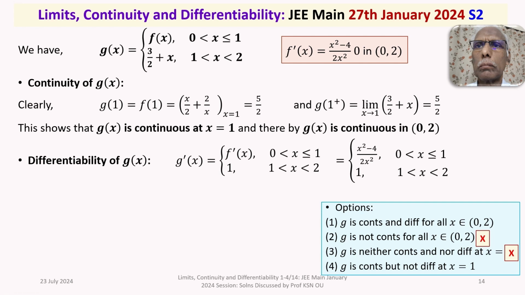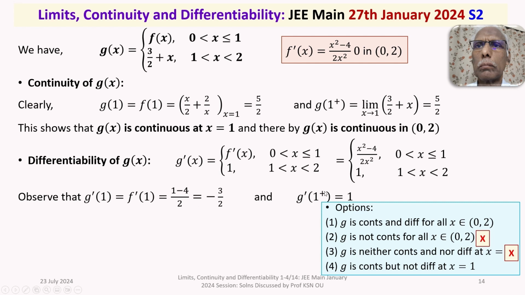So let us now discuss differentiability at x equal to 1. g prime 1, since x equal to 1 is included here, will be x square minus 4 by 2x square at x equal to 1. That is 1 minus 4 by 2, that is minus 3 by 2.